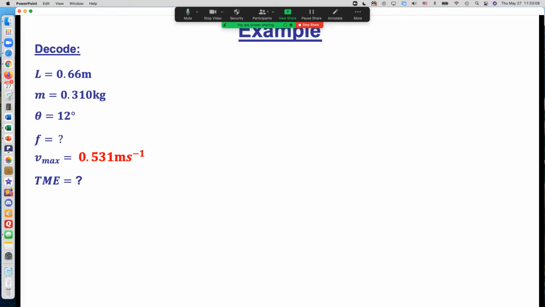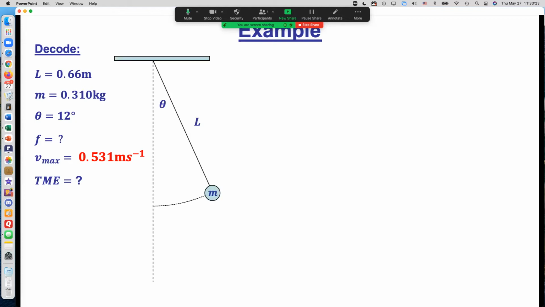We want to know the frequency. I'm already showing what the maximum velocity is, that's a problem with my animation. And I want to know the total mechanical energy. So here's our pendulum bob. That's the height that the pendulum bob is above its lowest point, h.